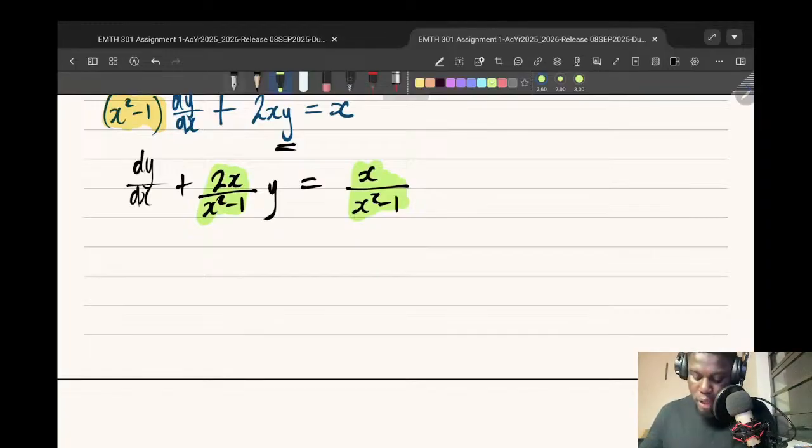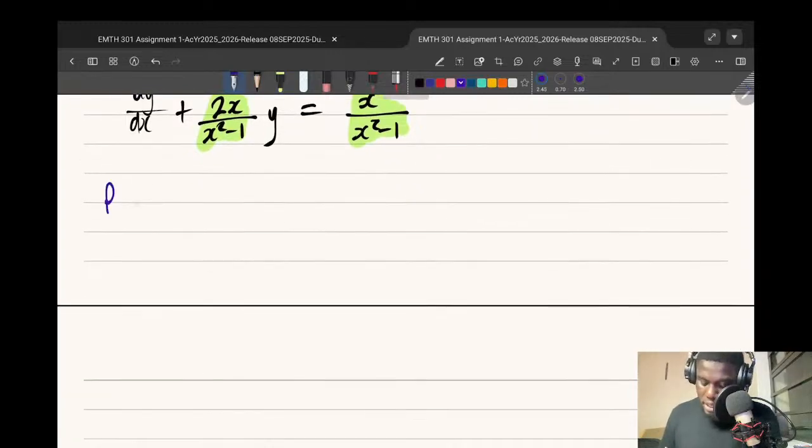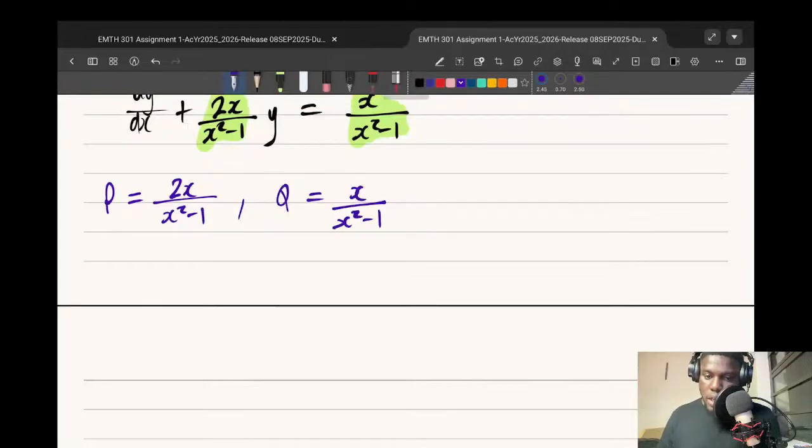So you can come below and write: my p is equal to 2x over x squared minus 1, my q is equal to x over x squared minus 1. This is what I have. Now, let's go and put what we need. Remember, we're going to need to have it as y e to the integral of p dx. That's actually how you get the answer.